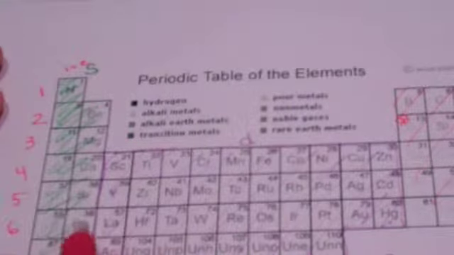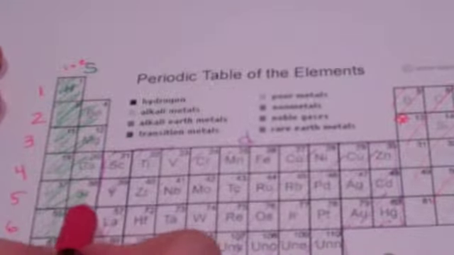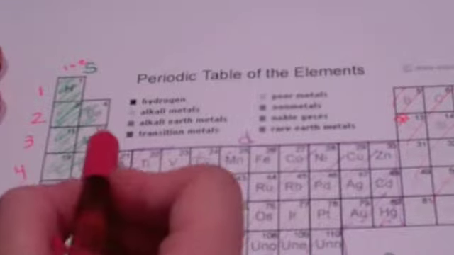So I'm going to write at the top, 1 valence electron. Group 2, this entire group, and remember groups are your columns, periods are your rows, has 2 valence electrons.